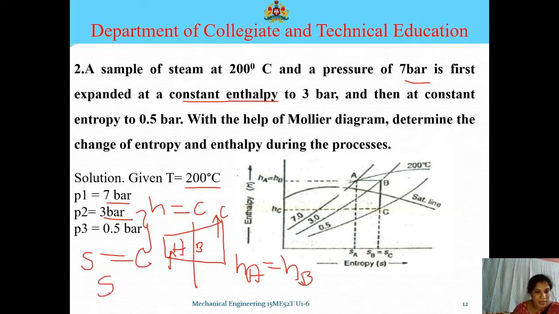So I can write SB equals SC. This is what they have given in the problem. So with the help of the Mollier diagram, I need to determine the change in entropy and the enthalpy during the process.